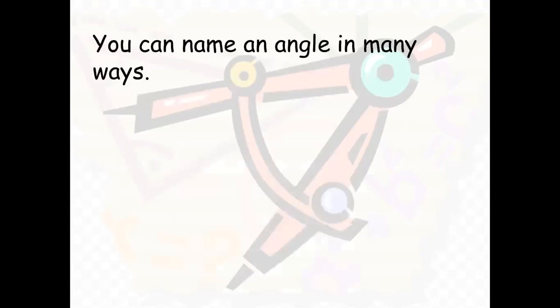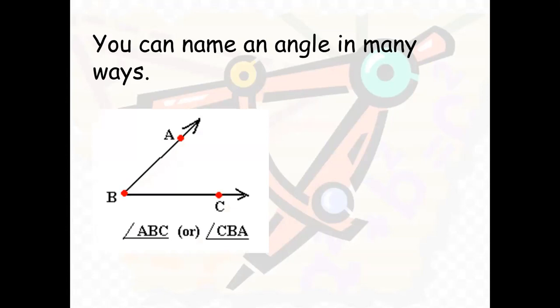So to move on, we can name an angle in many ways. There is not a single way to say that naming an angle is right, but yes, you have to follow the correct order. So how can we name this angle? As in the picture, the angle is angle ABC. So you start from one side and you finish on the other, or you can say it as CBA. So these are two ways you can read angles.